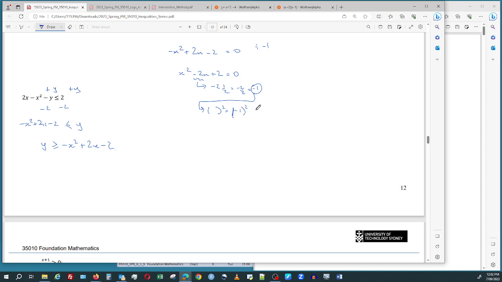Minus 1 squared is 1, so that's our square number. That goes together with this one. So that's now a perfect square. We also want to remember that we added 1, and don't forget your plus 2. So minus 1 plus 2 is 1. So that's plus 1. And this is x minus 1 squared plus 1 equals 0.